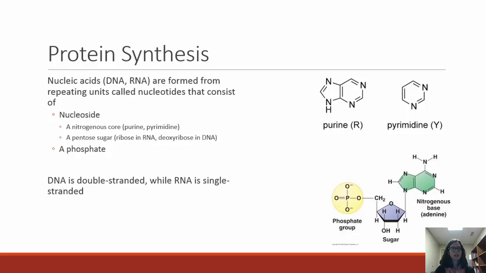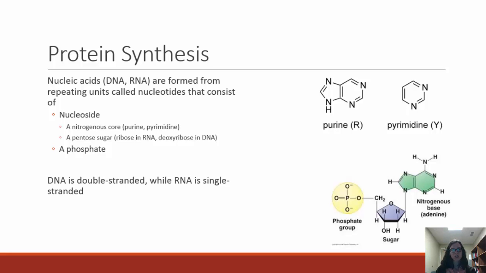Okay, so nucleic acids are the components of DNA and RNA, and these are formed from repeating units called nucleotides. So nucleotides are also sometimes referred to as bases. And nucleotides are composed of a nucleoside and a phosphate. So the nucleoside is composed of first a nitrogenous core.